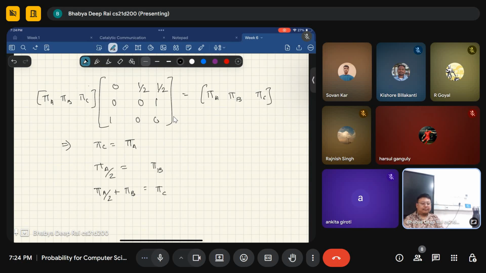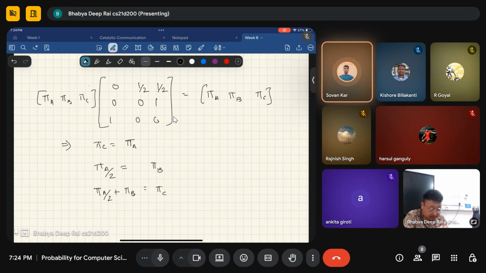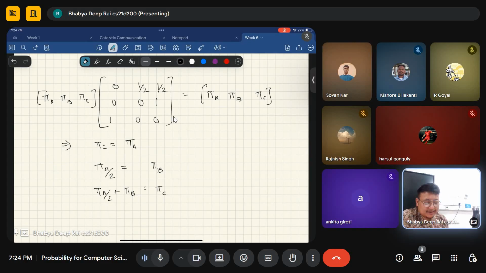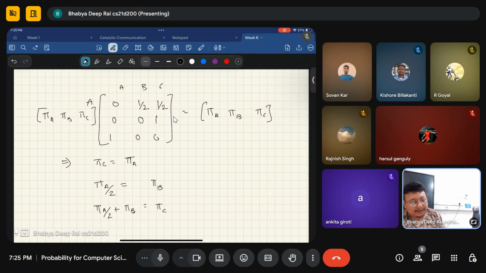Sir, what will happen if two pages are having the same probability or the same rank? Yes, that's what's happening here, no? From A going to B is half and going to C is half. They have the same probability, right? But I'll come to that.